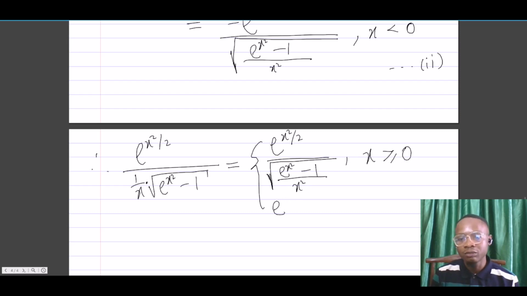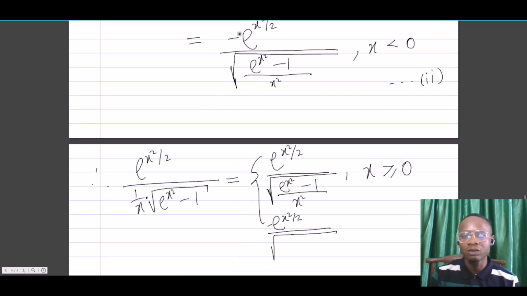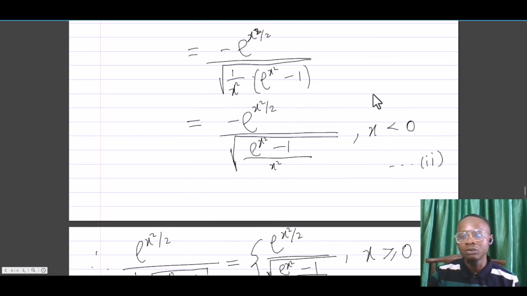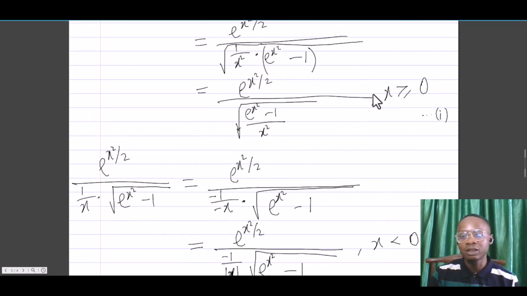Then for the second part, where x is less than 0, it will be given by e to power x squared over 2 divided by the root of, with a minus outside here. So this is the definition when x is greater than or equal to 0.